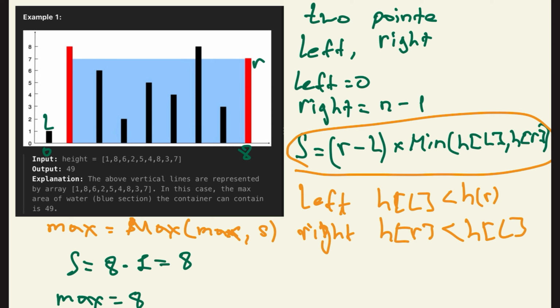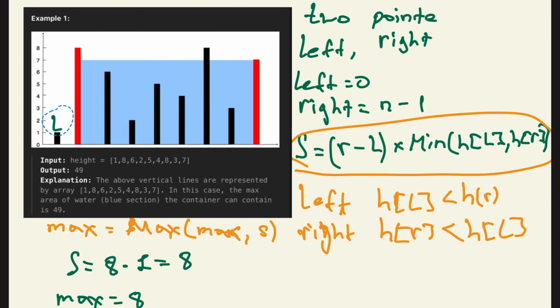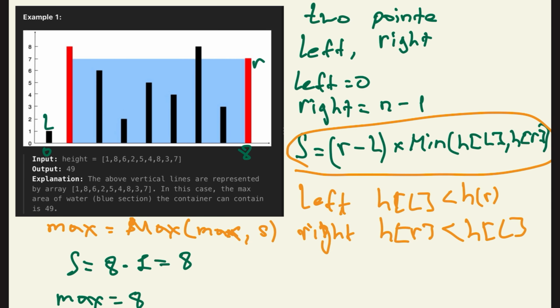After that, because the height of left is less than the height of right, we need to move our left pointer. So let's move it. It will be at the first index, and the second area will be the minimum of heights left and right.